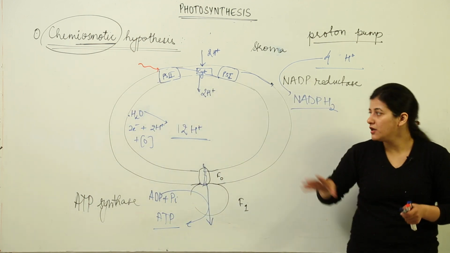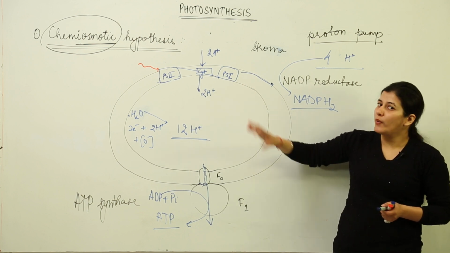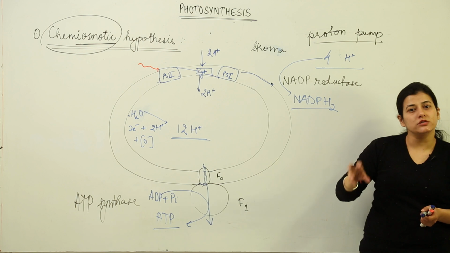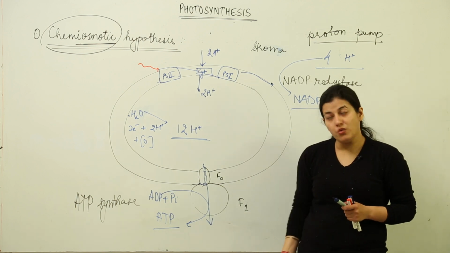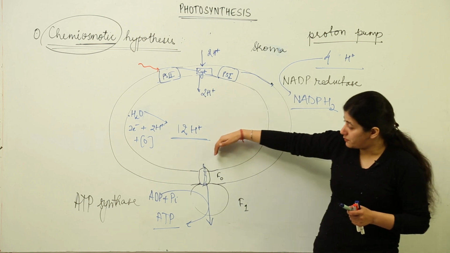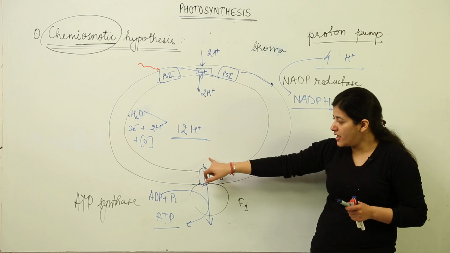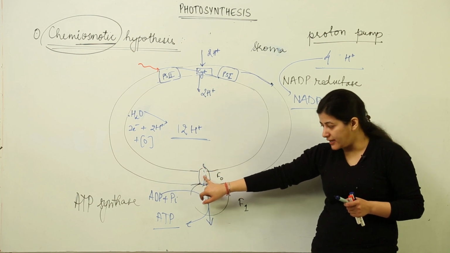This is all, okay. We had discussed the 3 points which brought about the gradient. When the gradient is formed, the protons are bound to move out and form the proton pump. As a result of diffusion, the protons would come out, the pump would be formed, and F0 will enable that movement out.